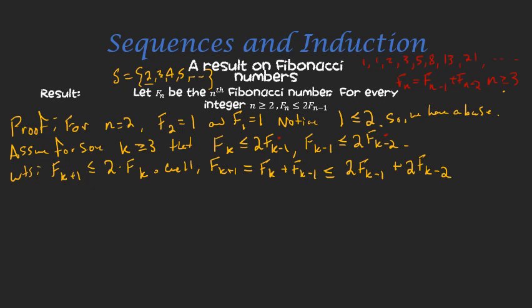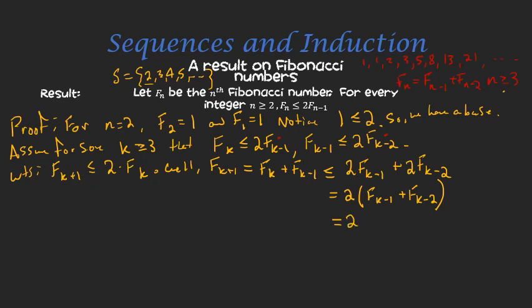All right. Well, that 2 times f_{k-1} plus 2 times f_{k-2}, I factor a 2 out, so you can see something. That's 2 times (f_{k-1} plus f_{k-2}). Well, f_{k-1} plus f_{k-2}, isn't that just f_k? It is. That's using the recursive definition again.